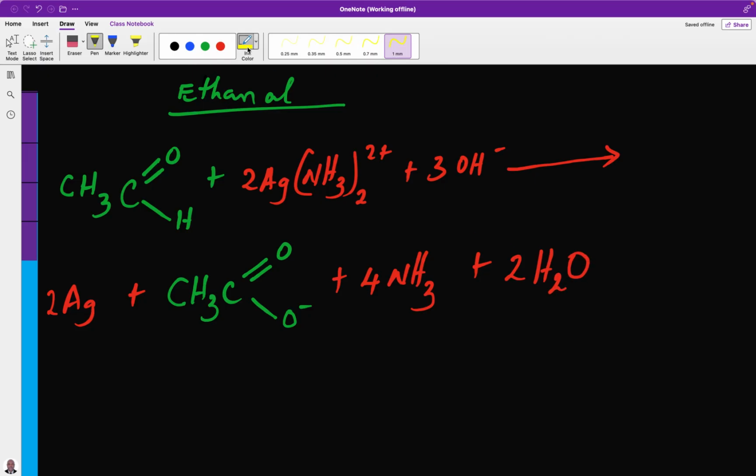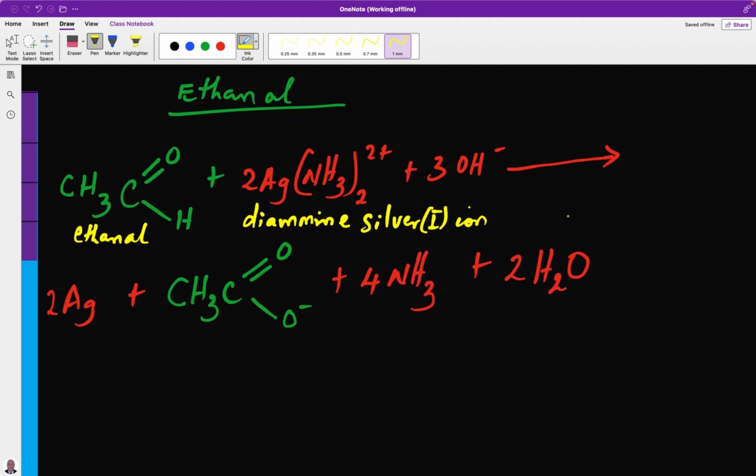What is happening here? This is ethanal. This is the diamine silver 1 ion.